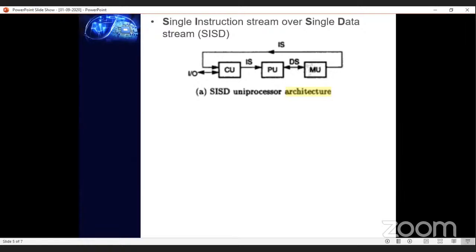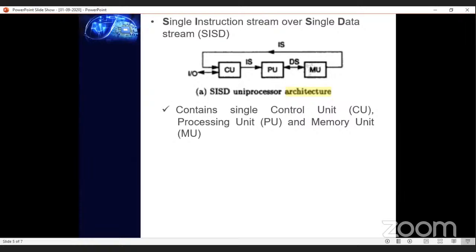You see on the diagram, there is a single control unit, a single processing unit, and a memory unit. The processing unit is nothing but the CPU, central processing unit, a processor, a microprocessor.